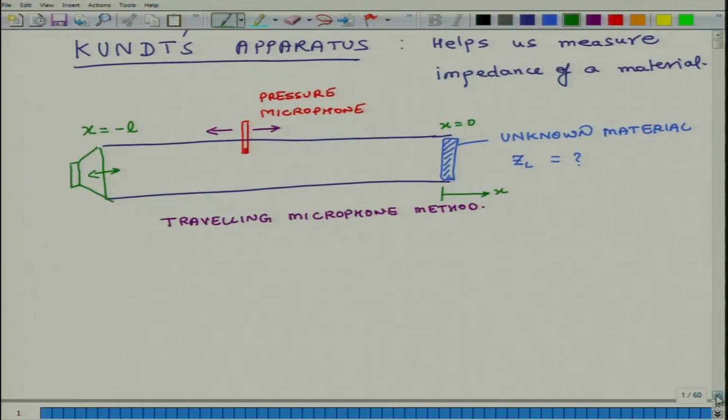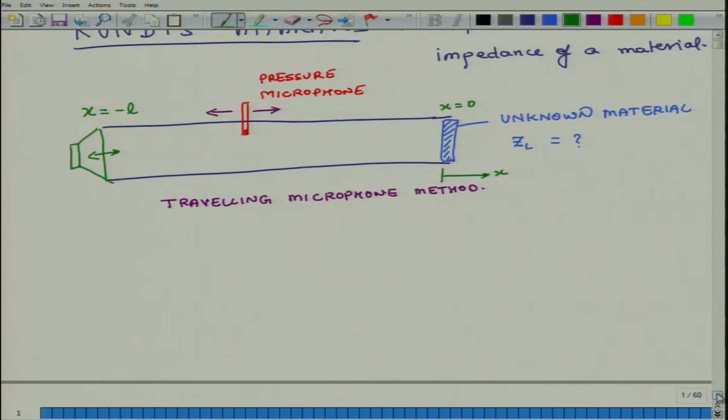So, how do we do it? This is again a one dimensional problem. Sound will travel only in one dimension. So, as we have done in past, we start with the transmission line equations. So, we write down the transmission line equations.